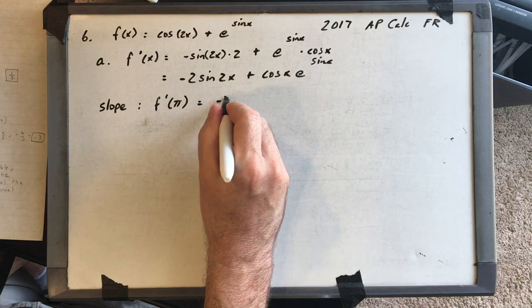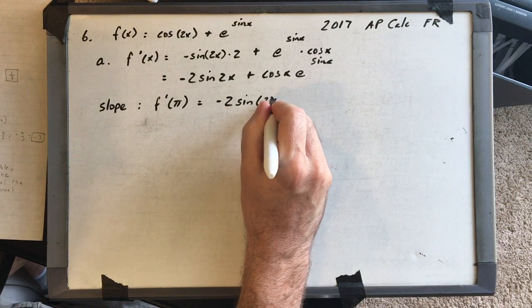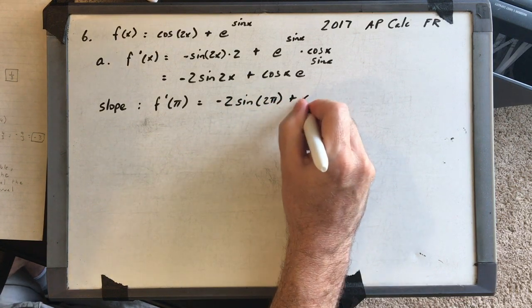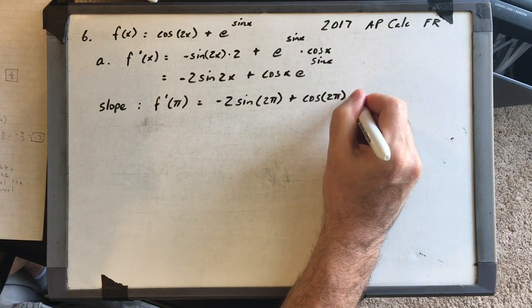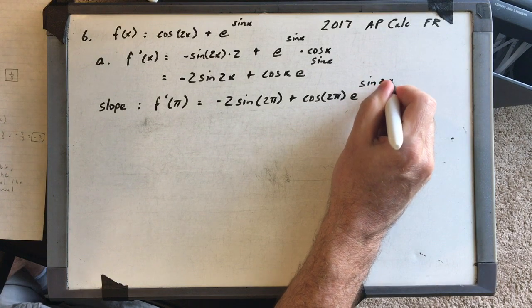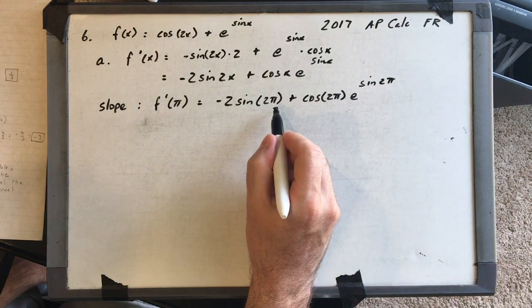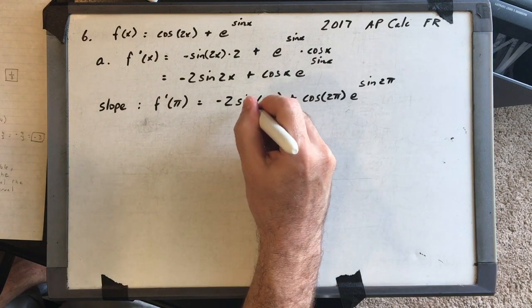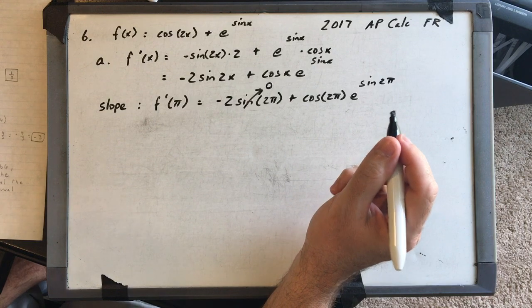So that's -2 times the sine of 2 pi plus cosine of 2 pi times e to the sine of 2 pi. Okay, so the sine of 2 pi is 0. Right, so that all is just going to go to 0.